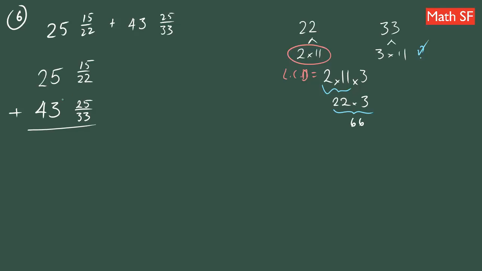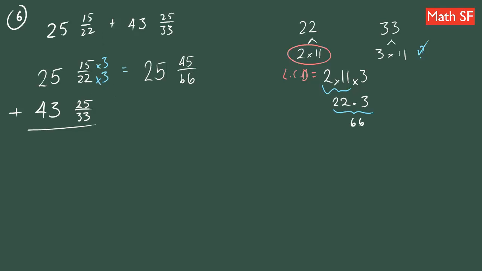Now 22 times what number gives you 66? That should be times 3. If I multiply times 3 on the bottom and times 3 on top, I didn't change that 25, so I keep my 25, and 15 times 3 gives you 45 over 22 times 3 is 66. That was what we wanted.